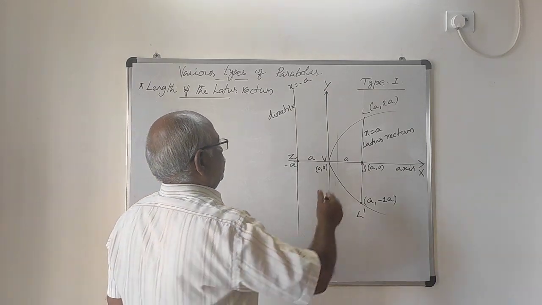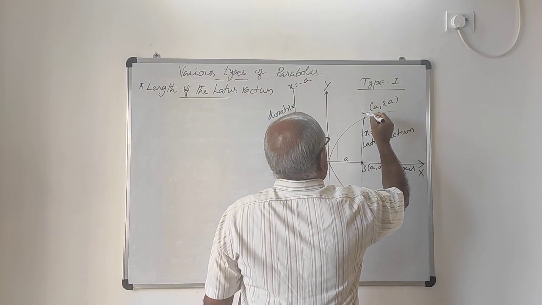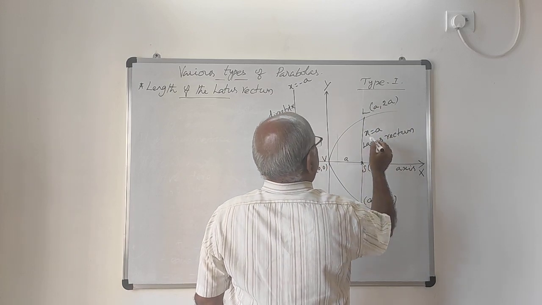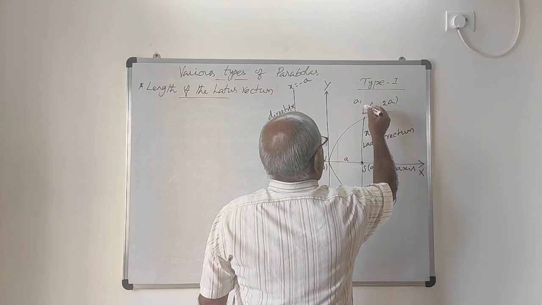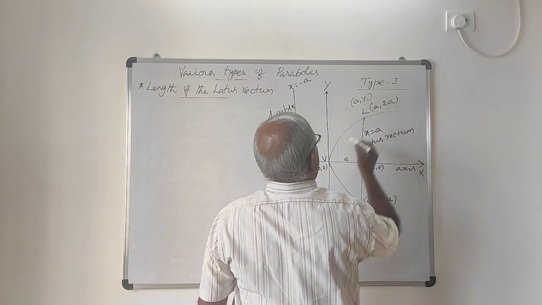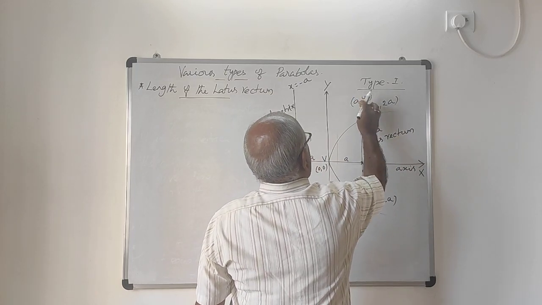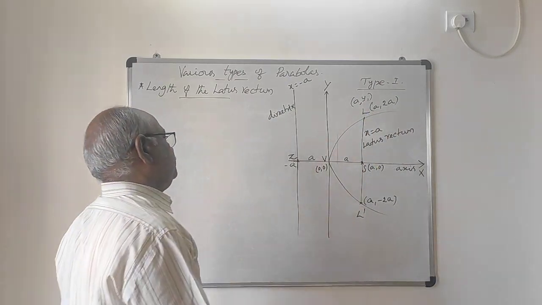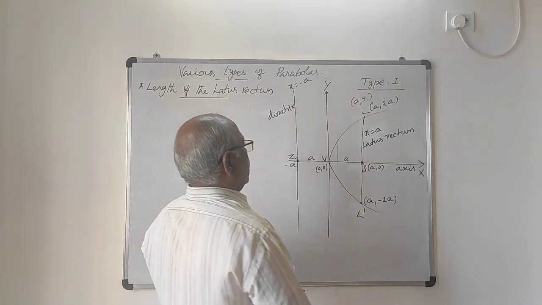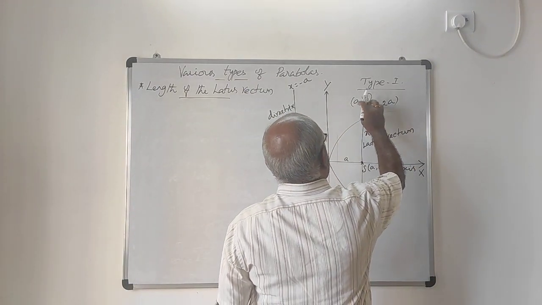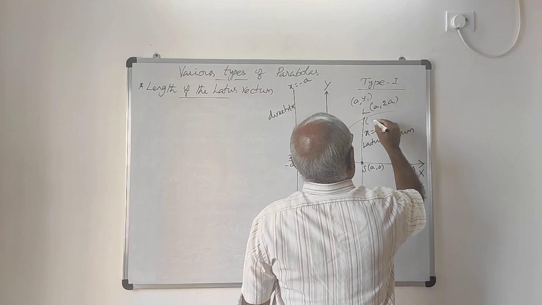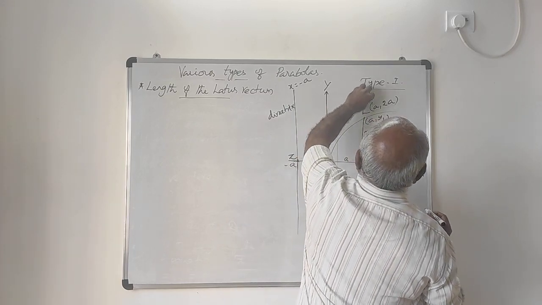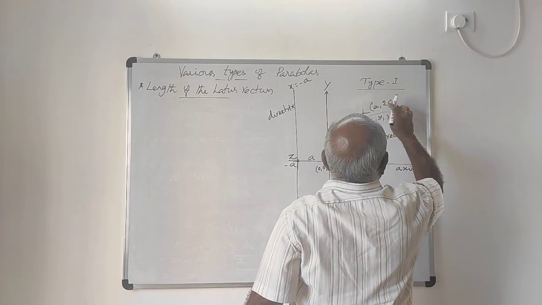Let the coordinates of the point L be: the x coordinate is a, and the y coordinate is considered to be y1. So (a, y1) is the coordinate of the point L.